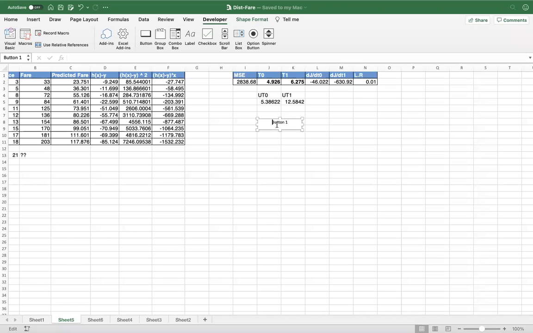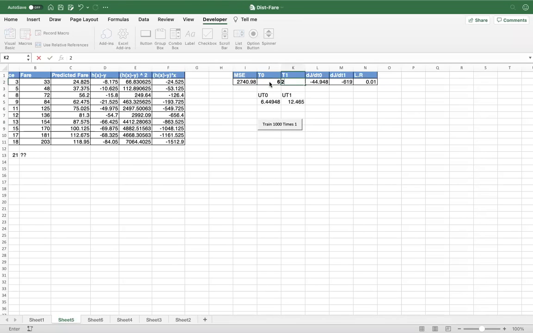Now I'm going to do one last thing. This particular button, I'm going to call it train 1000 times. I renamed this button to train 1000 times.